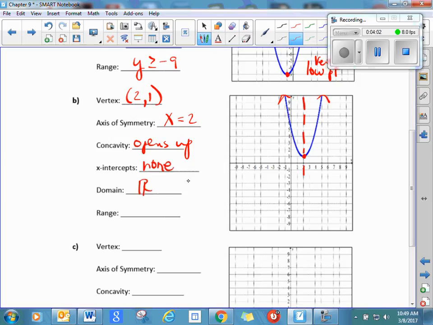And the range, we're going to look at our low point right here, which is the vertex, and that is the lowest point on the y-axis, so we're going to say y is greater than or equal to +1.